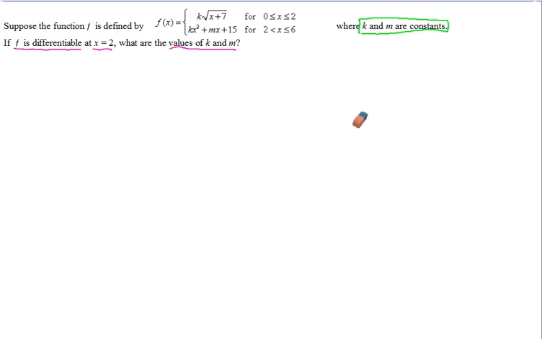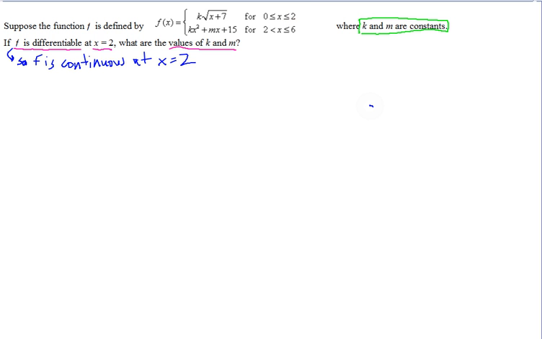All right, well, if it's differentiable, remember it can't be differentiable unless it's first continuous. So let's put down that reasoning first. Differentiable, so f is continuous at x equals 2. Now this 2 is our breakpoint here.